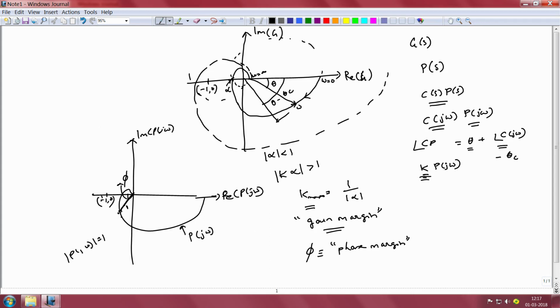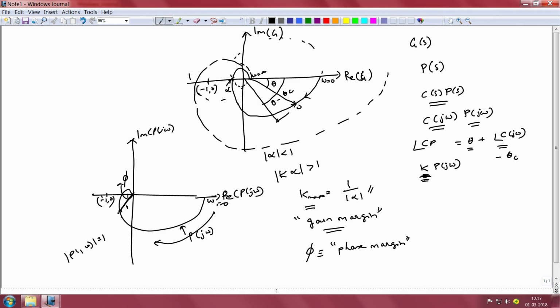What this Nyquist plot also reveals to us is that it is not a wise decision to go with an overly simplistic controller such as a simple proportional controller. The reason for this is that a simple proportional controller is limited in the magnitude of gain that we can achieve to 1 by alpha, which means that even at frequencies where stability is not a concern, namely in the frequency range around omega equal to 0 and a little bit beyond that, we can only increase the gain by a factor k equal to 1 by alpha before our closed loop system becomes unstable.